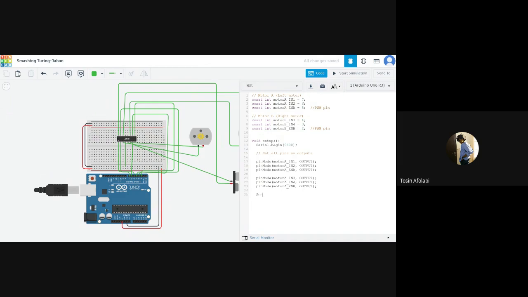Then this will make it set. Close it. Then we now write a loop.